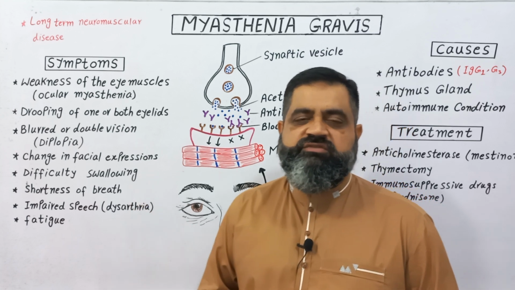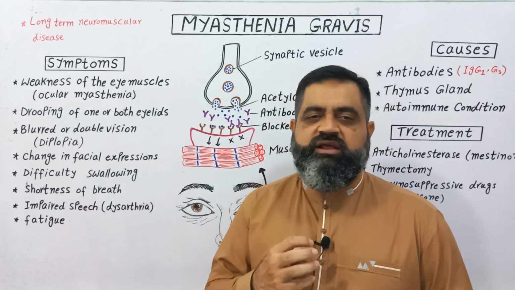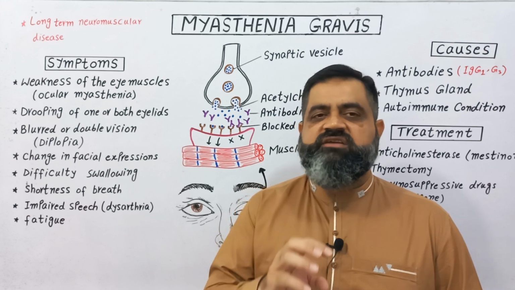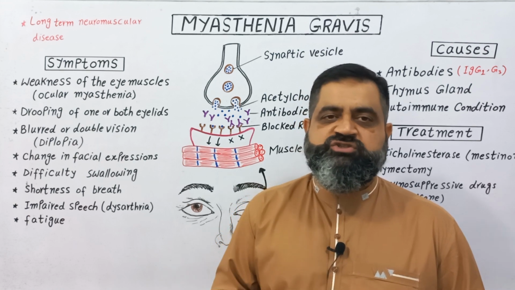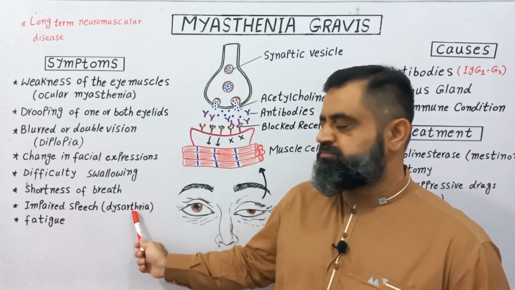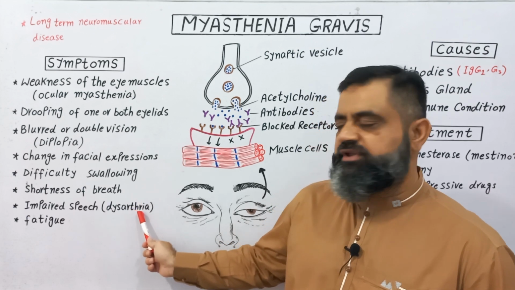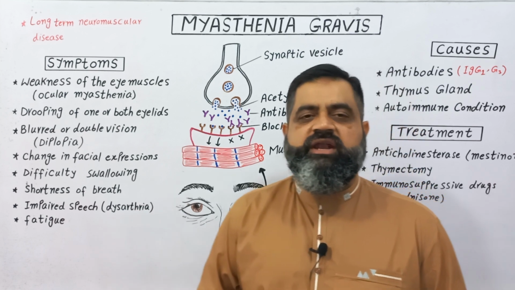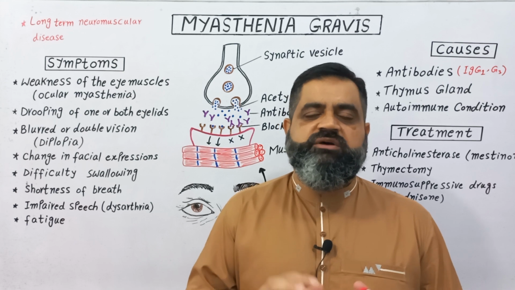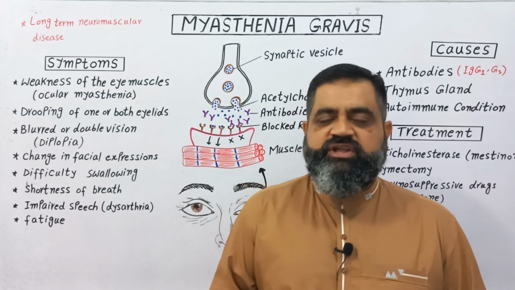Difficulty in swallowing: if the muscles of the throat become weak, then it becomes very difficult to swallow liquid or solid food. Shortness of breath, impaired speech, which is known as dysarthria, fatigue, and difficulty in walking and doing other activities of daily life.